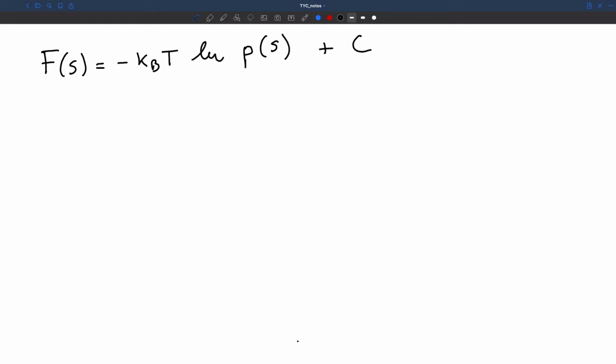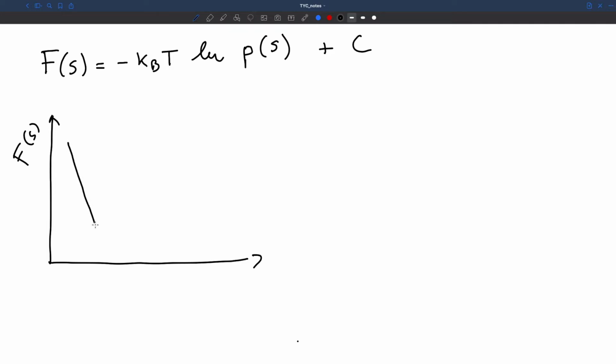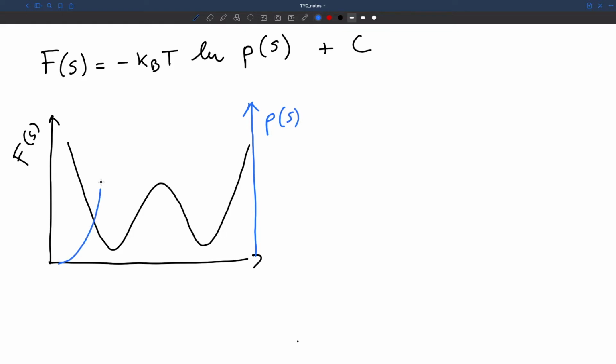So once we have the free energy surface, let me sketch a bit the model here. We'll have that the free energy surface F of s looks like this, and instead the probability density P of s will be localized in these two states, like this.